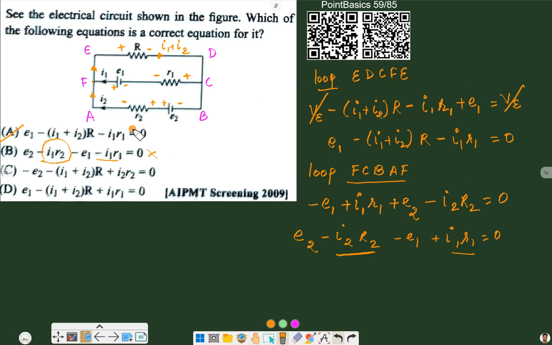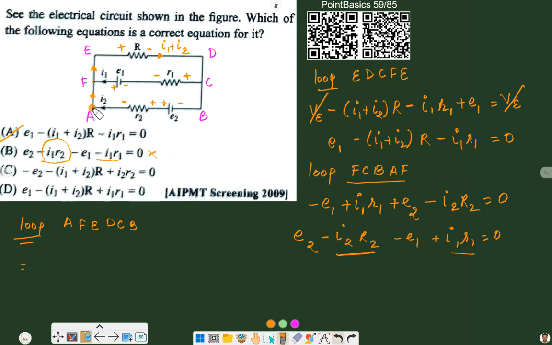Now moving to the bigger loop. What is the bigger loop? Loop A F E D C B. So we will not be considering this middle wire. We will only consider the outer wire, the complete outer loop.